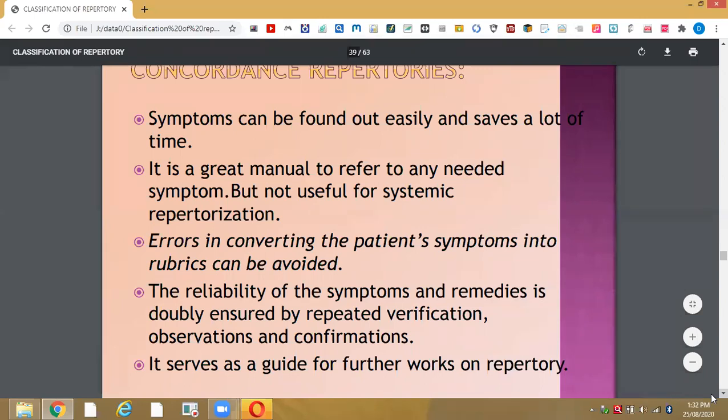It is a great manual to refer to any needed symptom, but not useful for systematic repertorization.